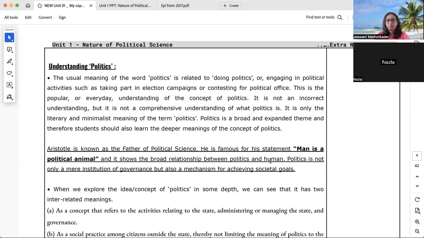Politics is not only a mere institution of governance, but also the mechanism for achieving societal goals.